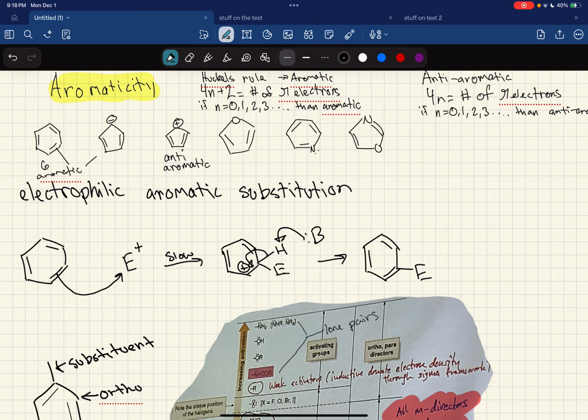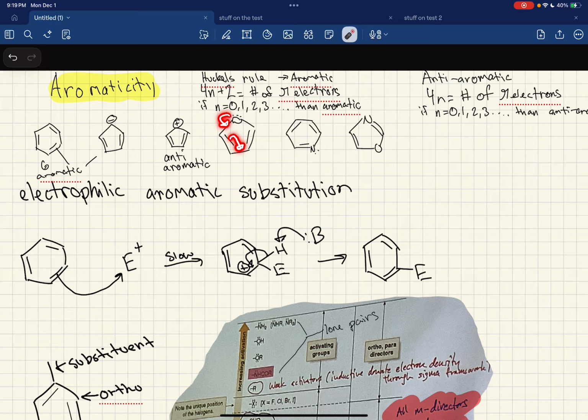Now let's look at this one. You have to look really closely at this one. So you obviously have 1, 2, 3, 4 pi electrons. And then you know that there's 4 extra electrons on this oxygen. How do you know if they're pi electrons? Can they resonate?